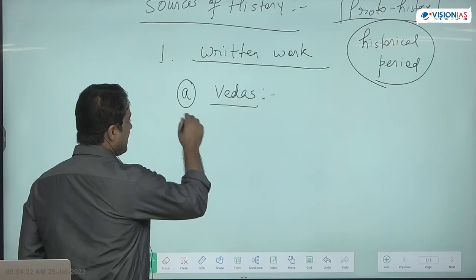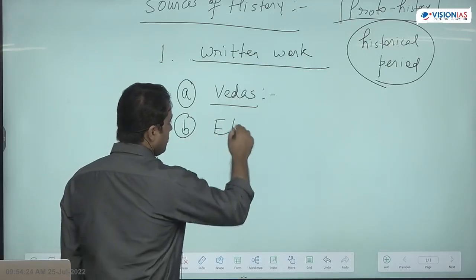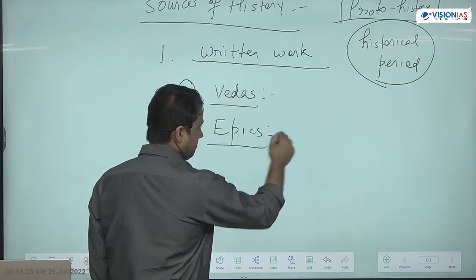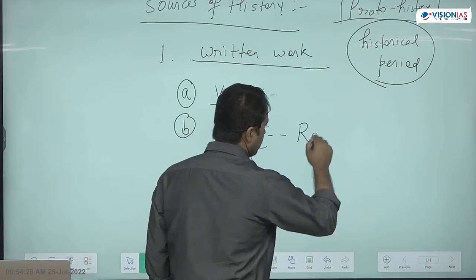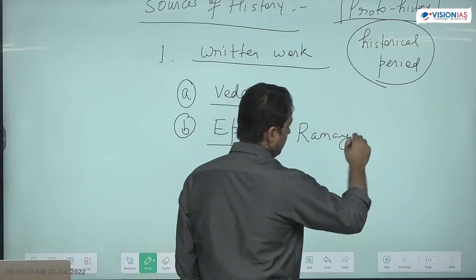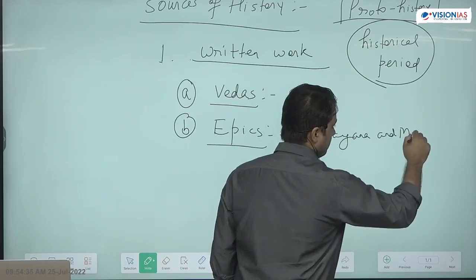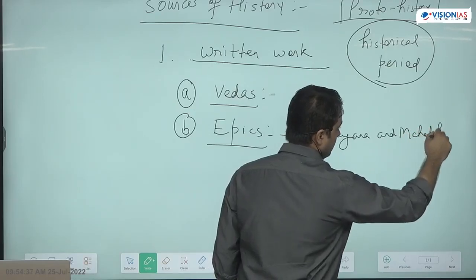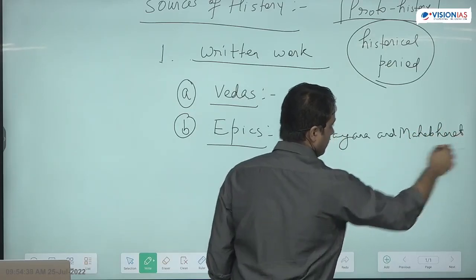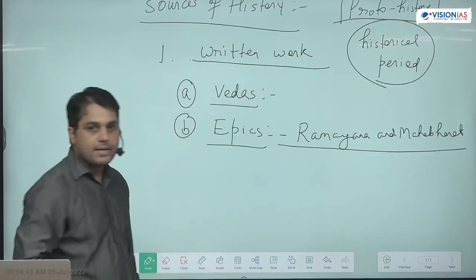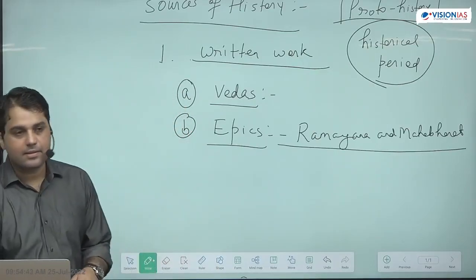Similarly, you also have many epics. For example, two most famous epics are Ramayana and Mahabharata. Now Ramayana and Mahabharata, again, these are religious literatures.